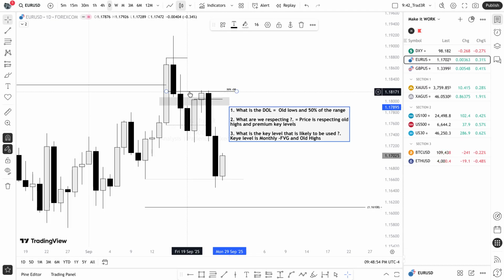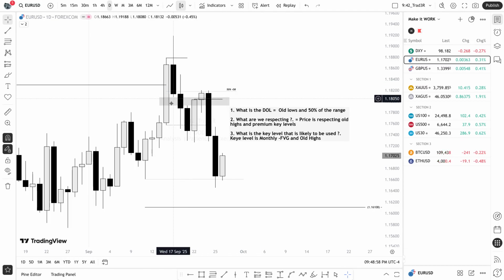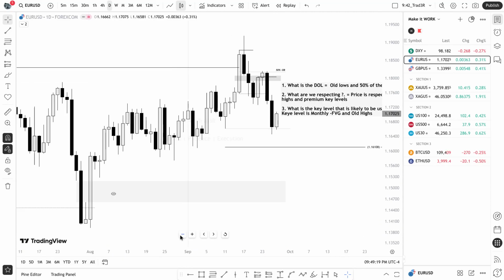You can see how price came to the balanced price range, and we stalled around there a little bit and we declined. So on the daily time frame, the key levels are the 50% of the order block and the balanced price range. So you can see that the same phenomenon is repeating itself.